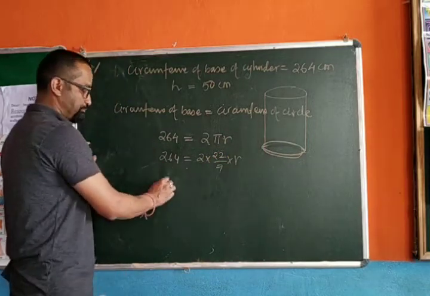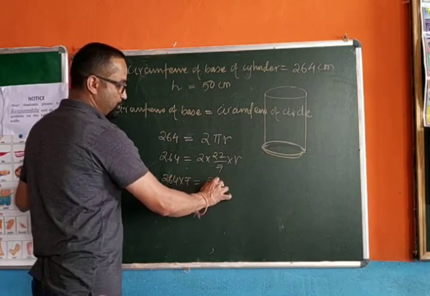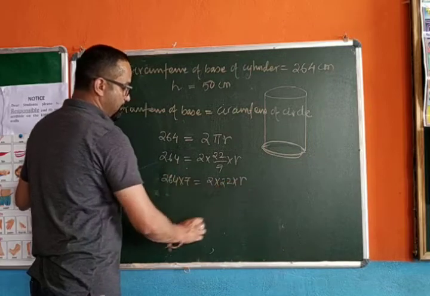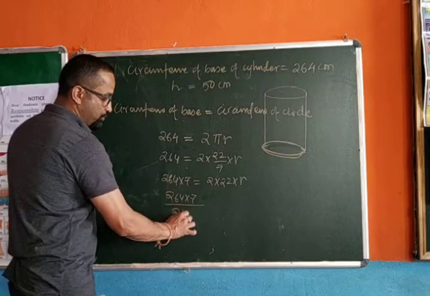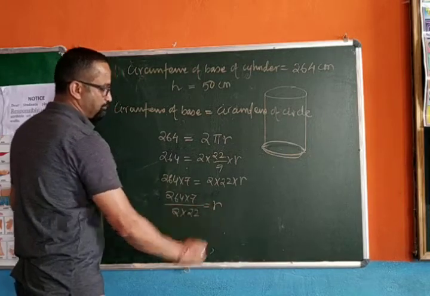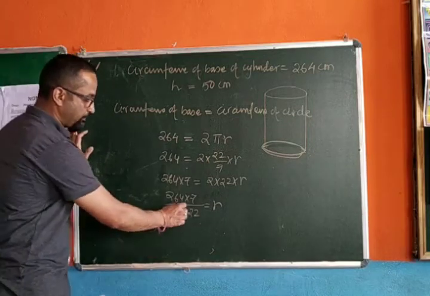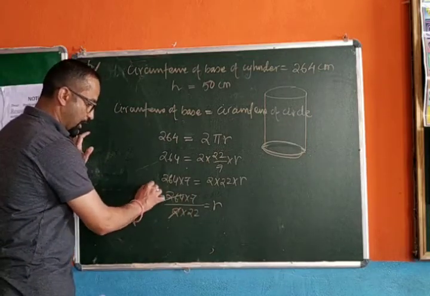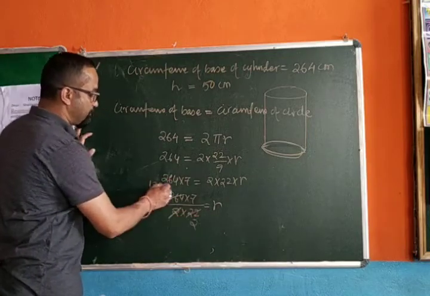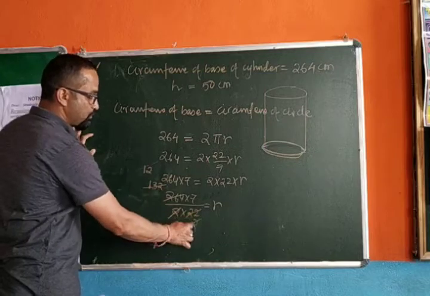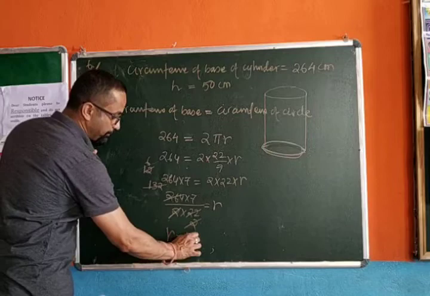Cross multiply. 264 into 7 equal to 2 into 22 into r. 264 into 7 divided by 2 into 22 equal to r. This is the radius. Cancel it. 264 is divisible by 11. 11 2 times 22, 11 24 times 264, 2 6 times 12. 7 into 6 is 42.